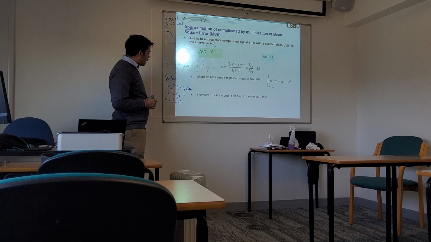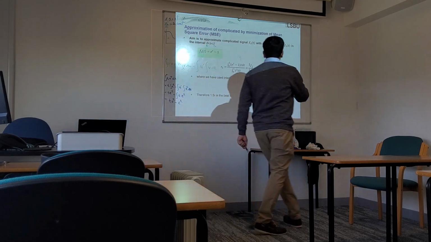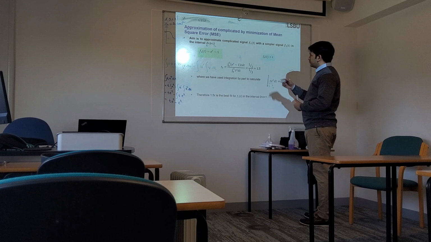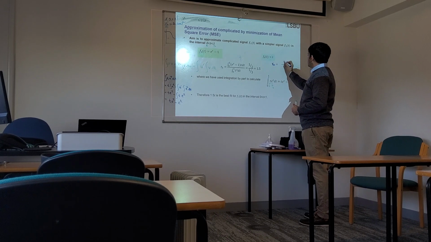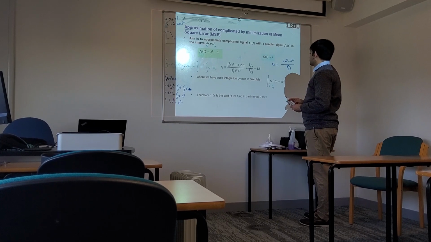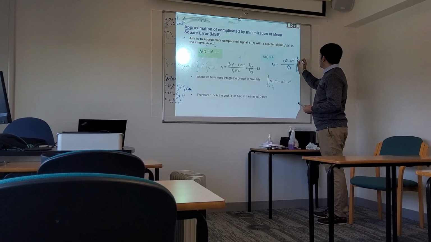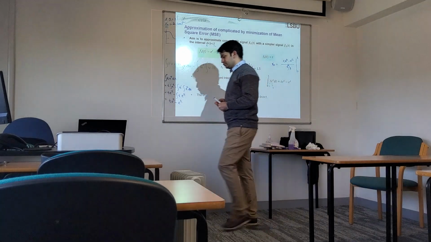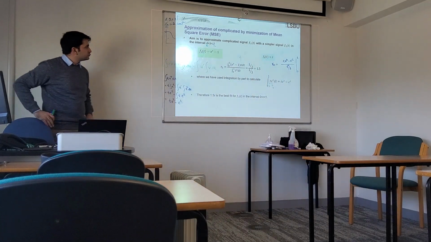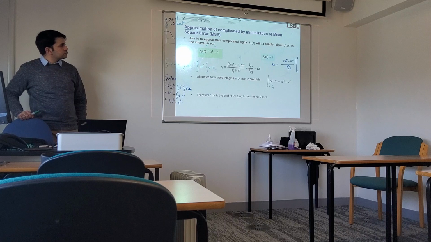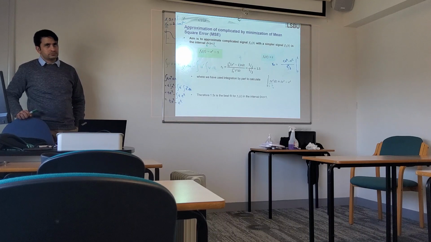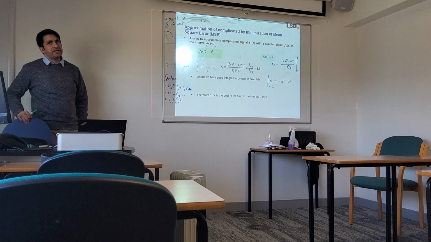Now this R naught is equal to t e power t minus e power t, and in the denominator you have 3, and this is from 0 to 1. So you know how to apply limits, right? Upper limit minus lower limit.